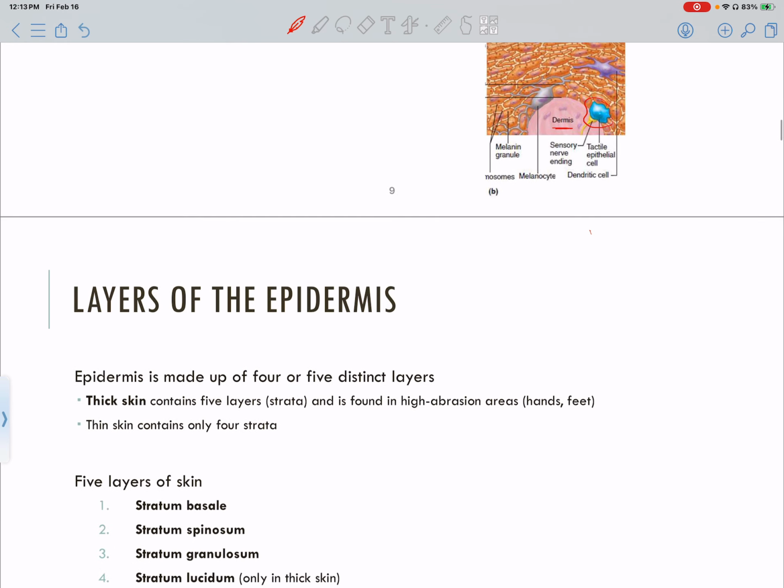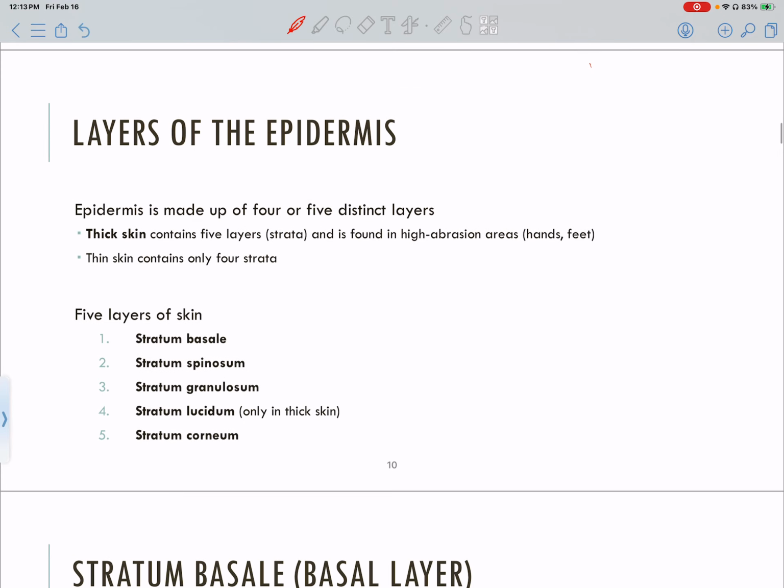So now that we talked about the 4 different cells that we can find in the epidermis, let's talk about the different layers. There's 5 layers, which you did have to know for lab. But these 5 layers are only found in completeness, so all 5, if we're talking about areas of thick skin.